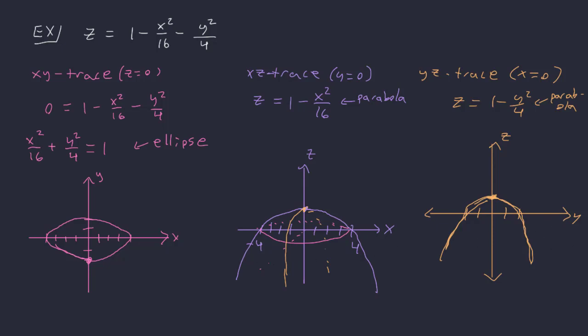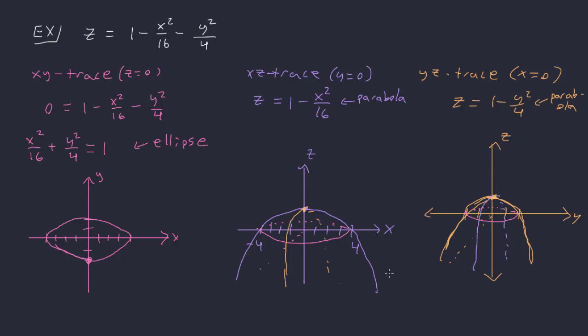And here, if I do it in this direction, here it's the x coming out this way. So the xy trace should look something like this, and the xz trace should come out this way.